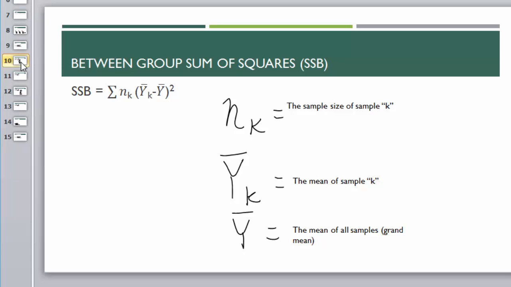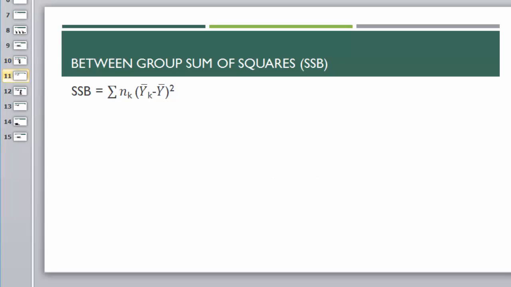Again, k stands for the sample that we are looking at. And then y bar is equal to the mean of all of the samples put together. This is also known as the grand mean. So let's take a look at what this looks like. We are going to perform this part of the equation for all 3 samples.